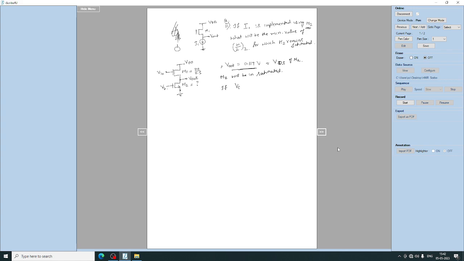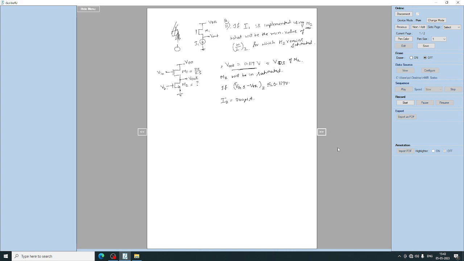Okay. So now this transistor M2 will be saturated if VGS minus VTH of the second transistor is less than or equal to 0.119 volt, which is the output voltage. And the current we have, ID, is 200 microamps.